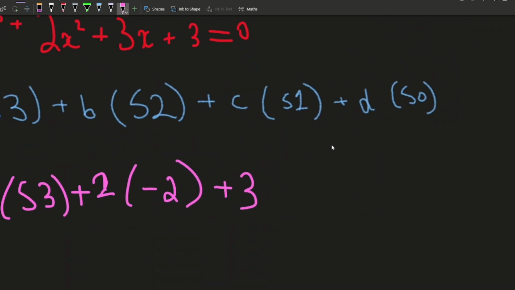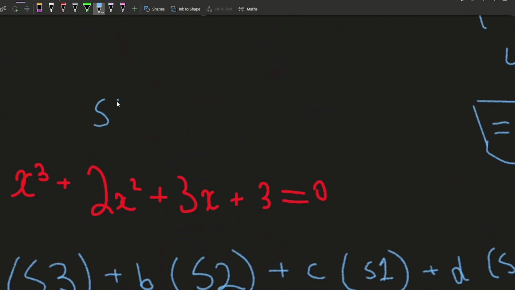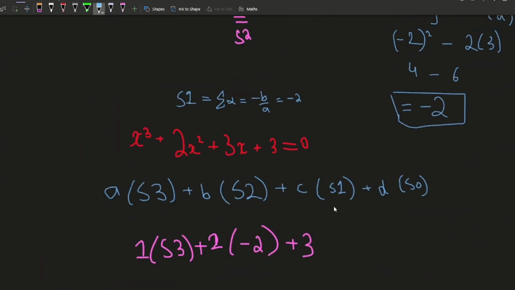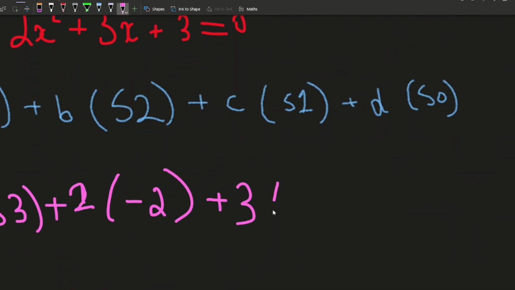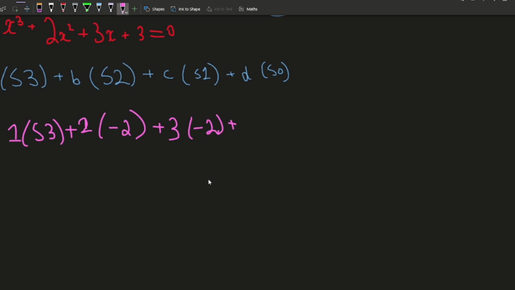Now we have to find the value of S1, which we can easily do because S1 is the sum of roots, and the sum of roots is minus b over a. The value of b is 2, so this will be minus 2. So the value for S1 is minus 2, plus d. What's the value of d? The value of d is 3.